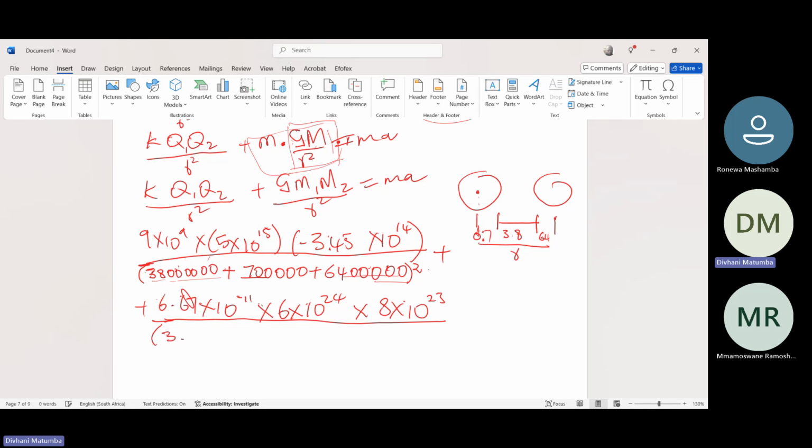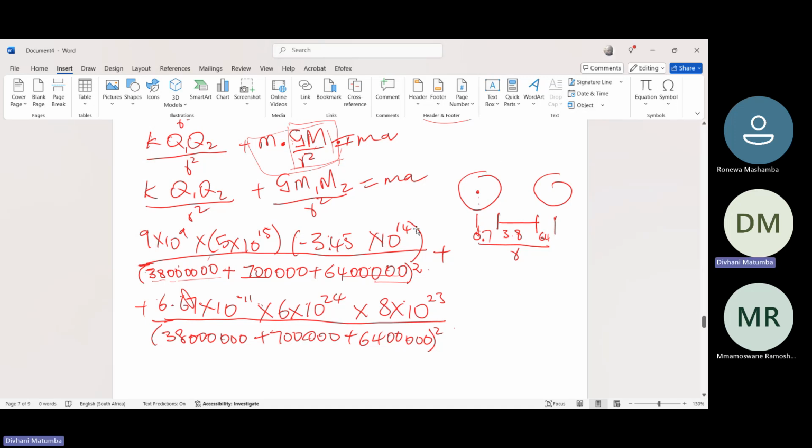So we have 3.8 with 6 zeros, plus 700 with 1, 2, 3 zeros, plus 6400 with 1, 2, 3 zeros, squared.